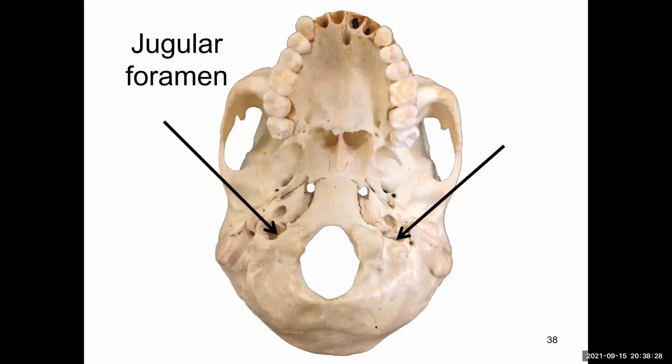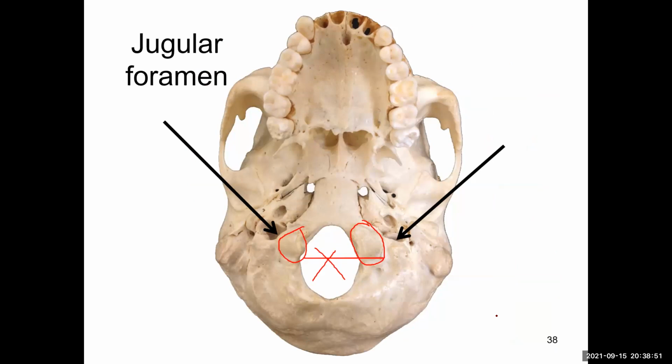All right, now we're looking at the inferior view of the skull. You've noticed where I'm putting the X, that's the foramen magnum. Then on either side of the foramen magnum, we have these, the occipital condyles. And if we keep going lateral, you'll see these openings there.